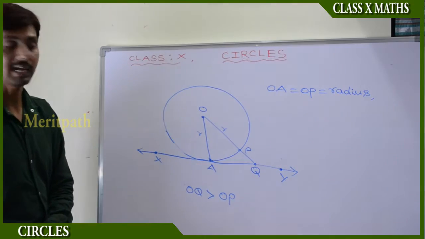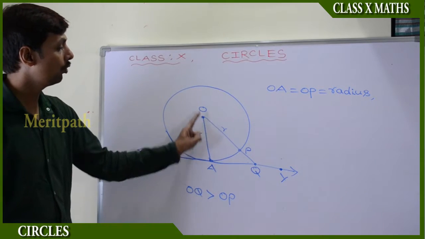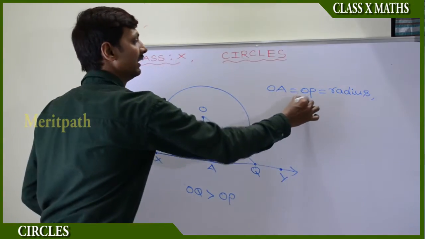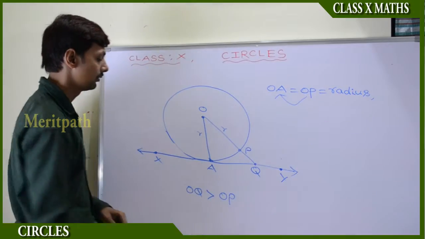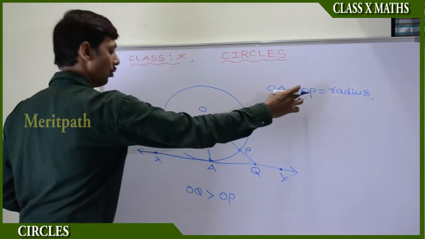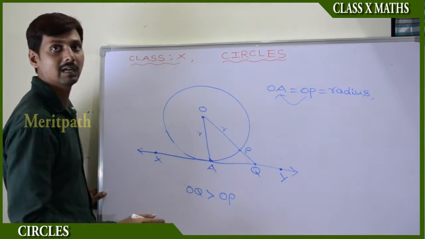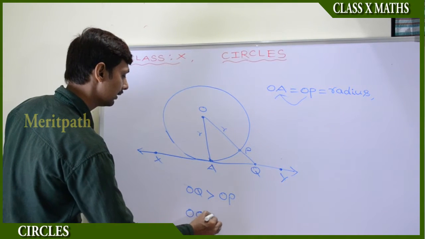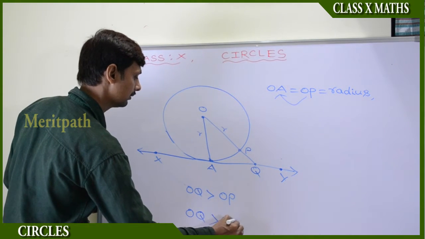Here we know that OP and OA are equal. So in place of OP, we can take OA, as both are equal. So OQ is greater than OA.